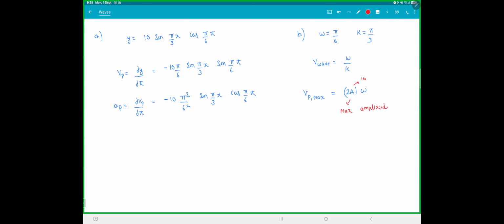In some books, they will simply say A is the net amplitude. You're getting it? So in 2A, A is the amplitude of the individual initial waves. But in some books, they will directly write y is equal to A sin kx cos omega t, and they'll say A is the amplitude of the antinode. Are you clear with this? So I'm writing the amplitude in terms of the individual waves.